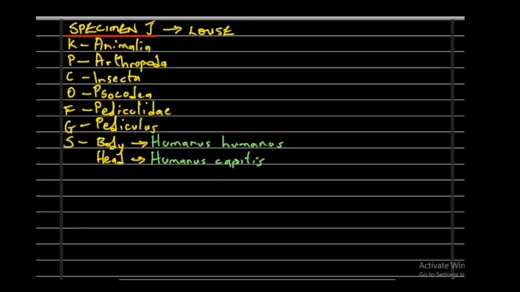And the one that is found in the genitals, the one that causes crabs, is called Pthirus pubis. So these are different examples of the louse.